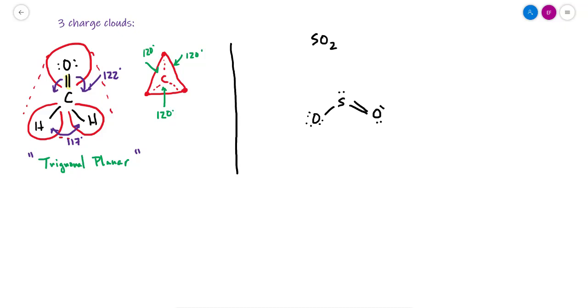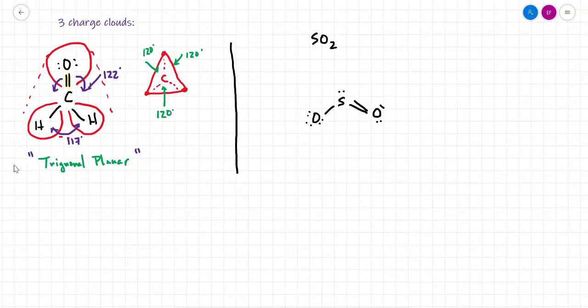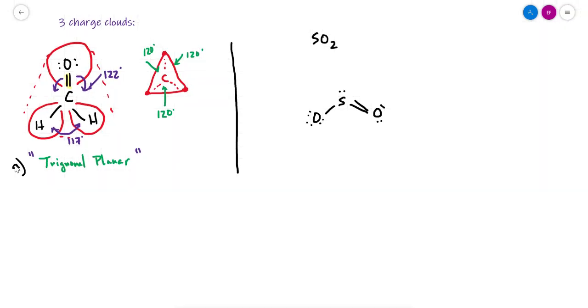Okay, so the second flavor of 3 charge clouds is slightly different. So the first one I mentioned was trigonal planar, and that's when you have these 3 bonds that are formed, and they fall within this nice perfect triangle. The angles might be 120, they might be slightly distorted depending on whether you have a double or triple bond there.